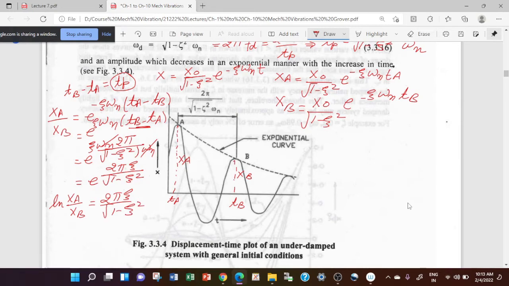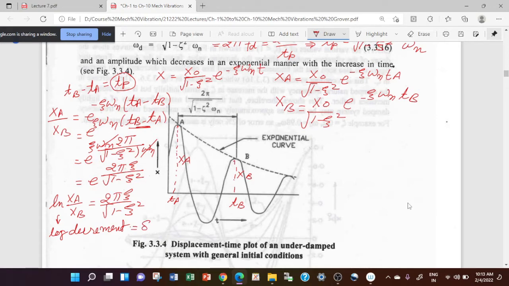This is basically known as logarithmic decrement, denoted by delta.